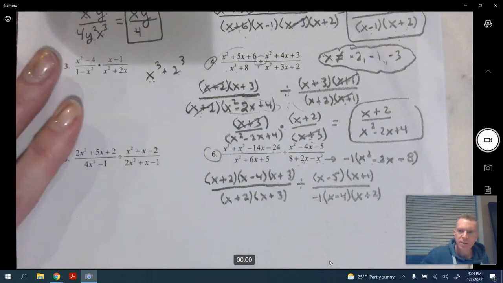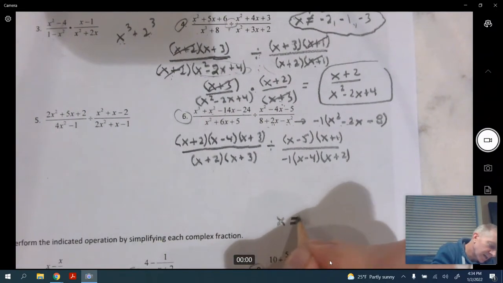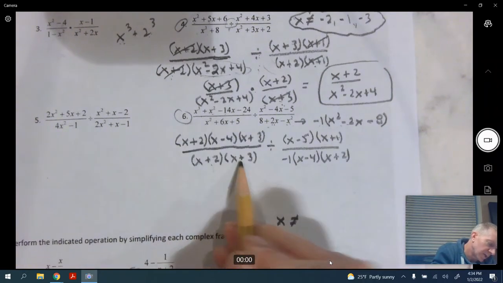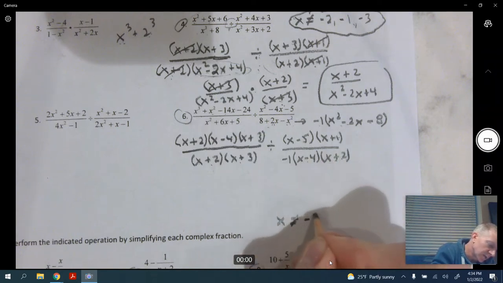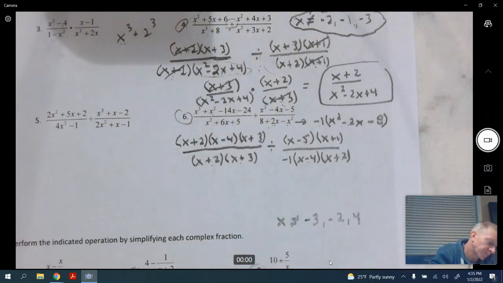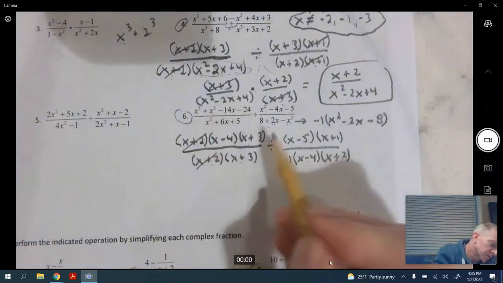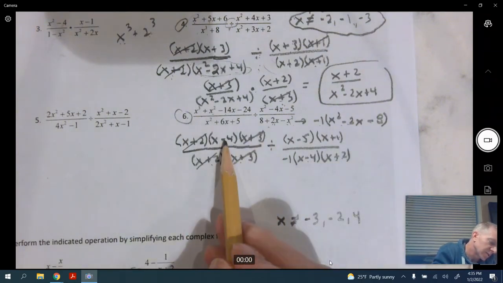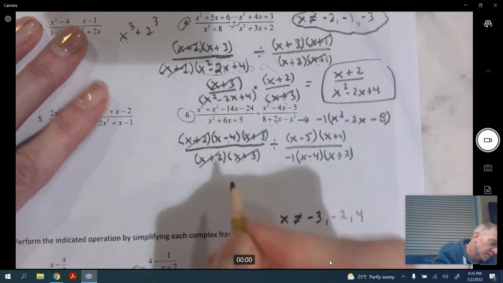Okay, let's state our restrictions. So x cannot equal negative 2, negative 3, positive 4, and negative 2 again. So negative 3, negative 2, positive 4. Now we can start canceling x plus 2's, x plus 3's. Okay, so now we've got x minus 4, and instead of dividing by this, we're going to multiply by the reciprocal.